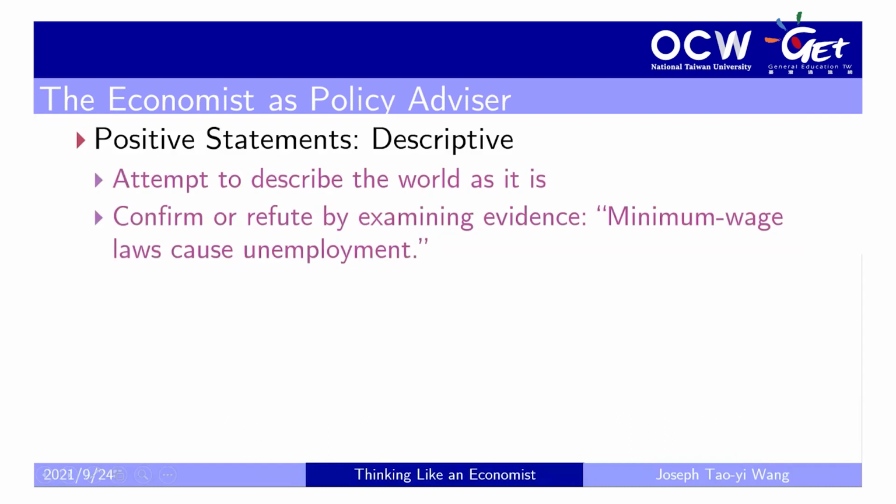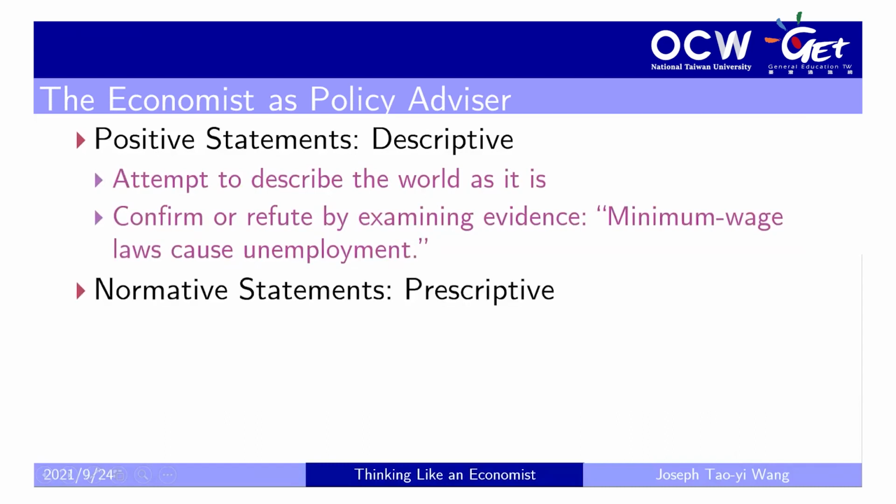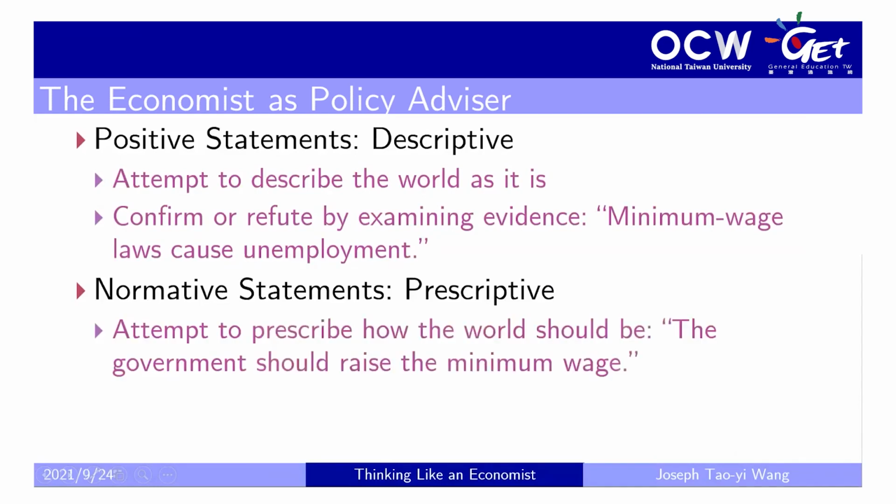For example, the statement that a minimum wage law causes unemployment. Then you can collect data to confirm or refute this statement. Compared to what we call normative statements, which are prescriptive. You try to say how the world should be. For example, the government should raise the minimum wage.